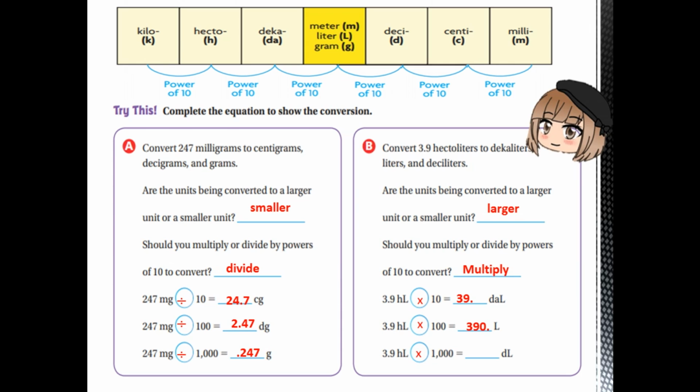And how many places? It will move 3 places also. So I have the first place, which is the 9. After that, I need to skip 2 other places. So I will fill it with zeros. So I put 2 zeros here. So it will be like this number, 3,900.